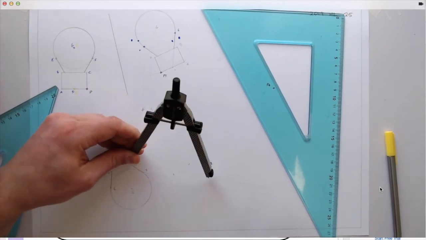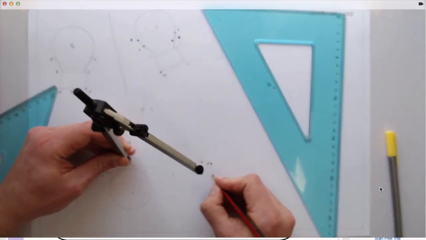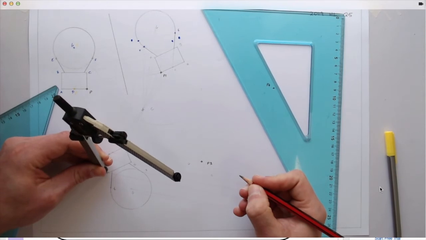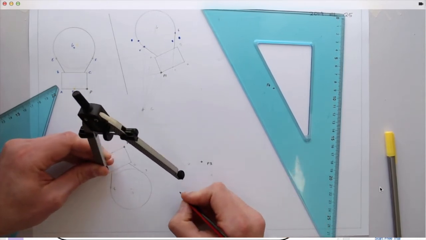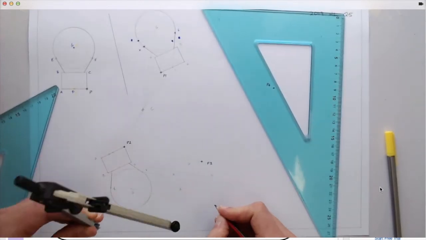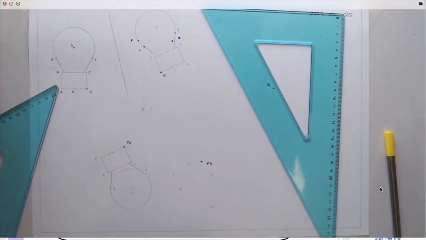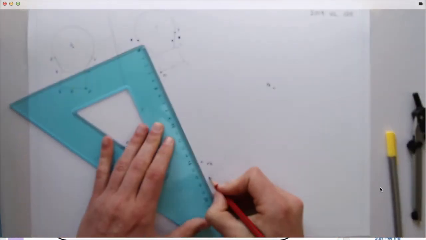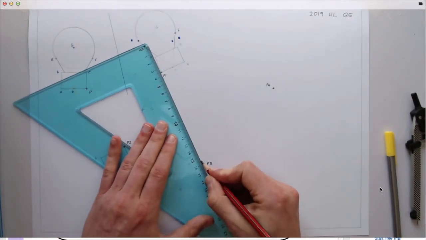Okay, so when I go to join it up, so C, E, and then my center for G, and I'll join those up.